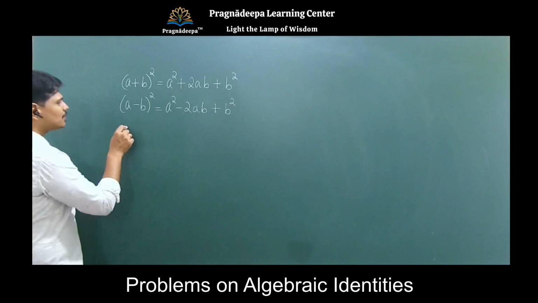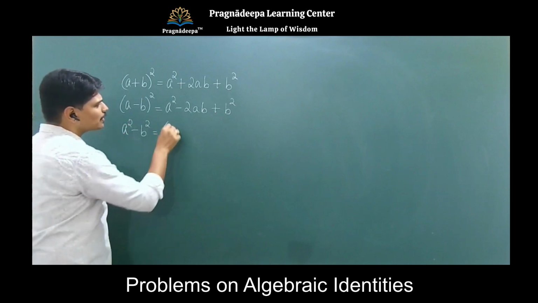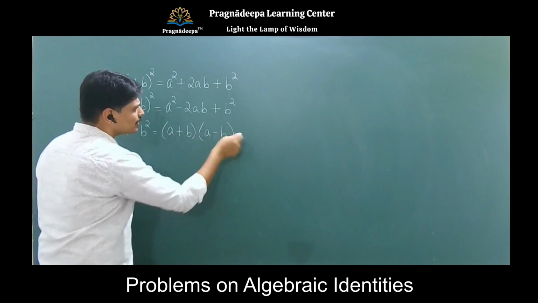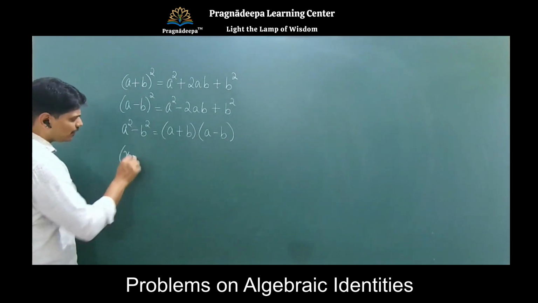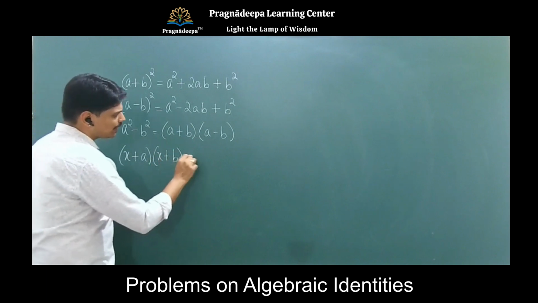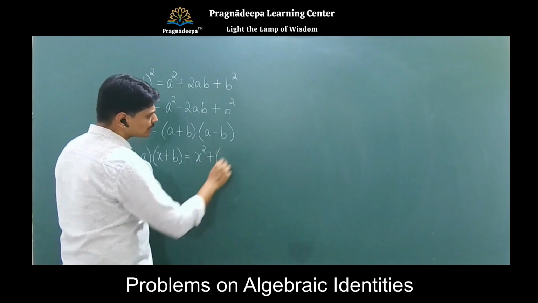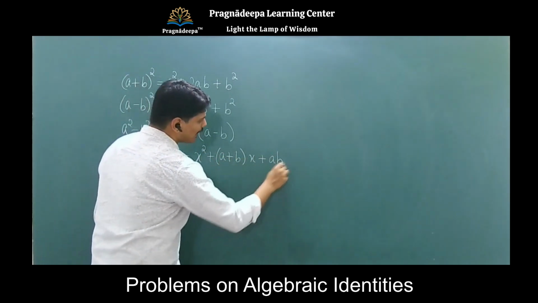And the next identity that we know is a square minus b square. What does a square minus b square become? (a plus b) into (a minus b). And the fourth identity that we are aware of is (x plus a) into (x plus b). (x plus a) into (x plus b) is x squared plus (a plus b) into x plus ab.